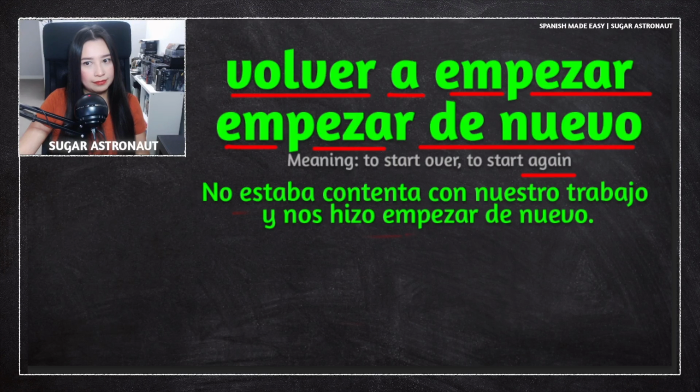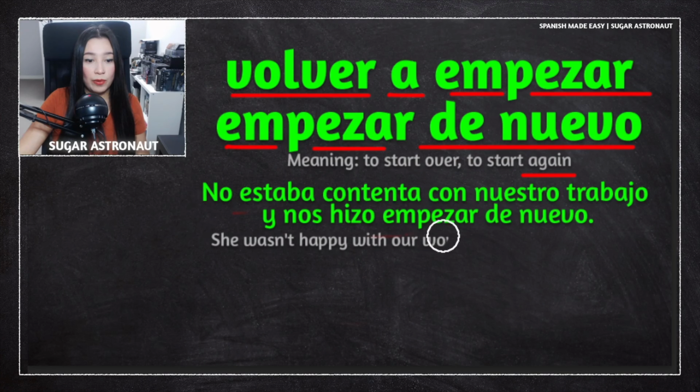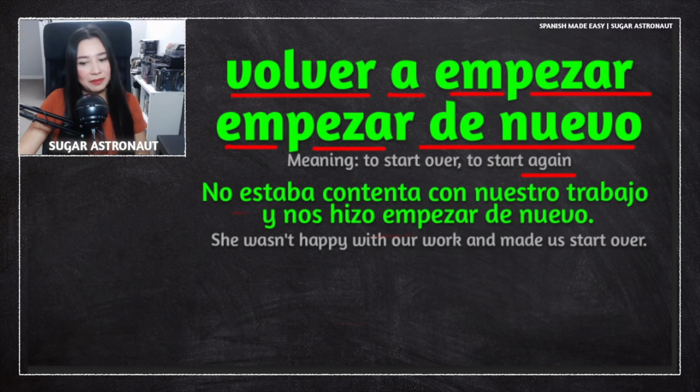Okay. What are we talking about? This means she wasn't happy with our work and made us start over. Maybe something happened. You were working on something and your boss didn't like it. And the boss said, start over. So let's break this down.